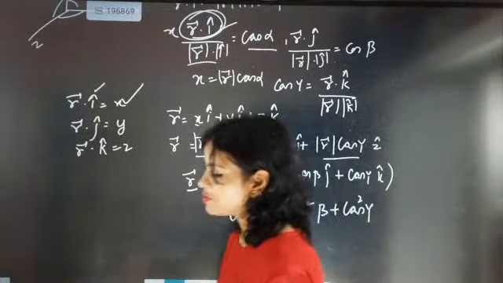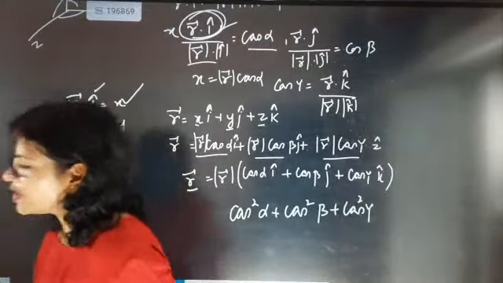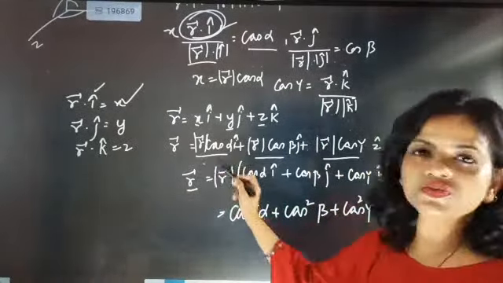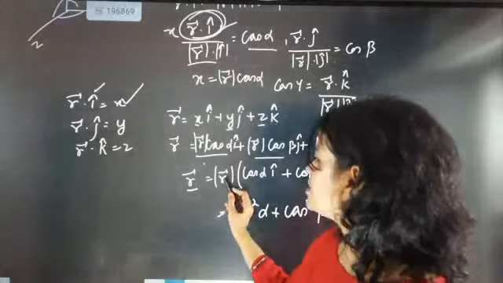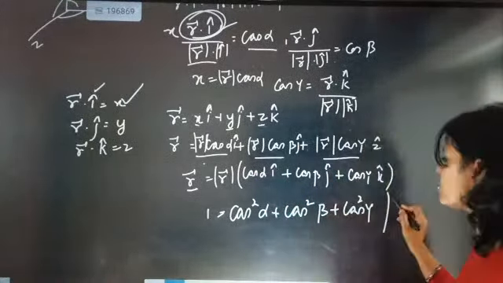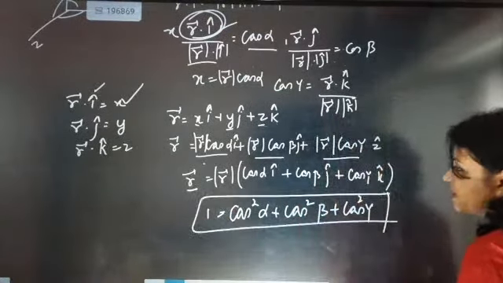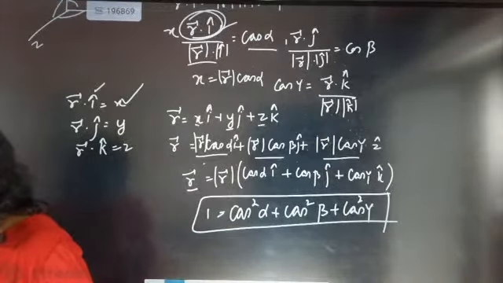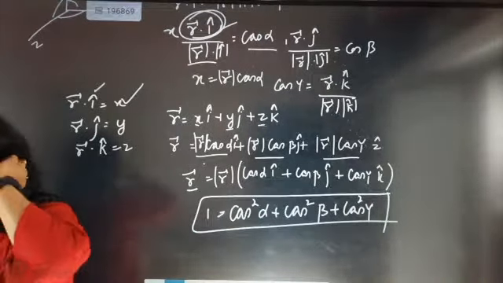And once this magnitude part is there, then r square you can take common and cancel out. The square will be cancelling, and this part will become 1. So projection also can bring this formula, not only direction cosine. Okay, projection can also bring this formula, not only direction cosine.